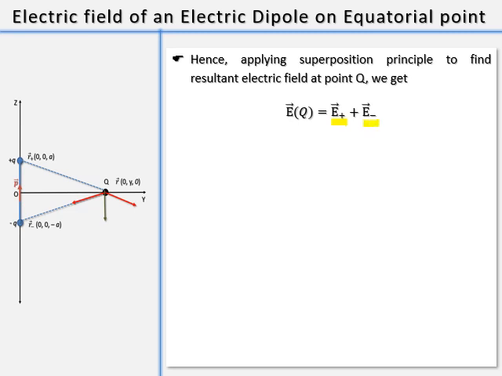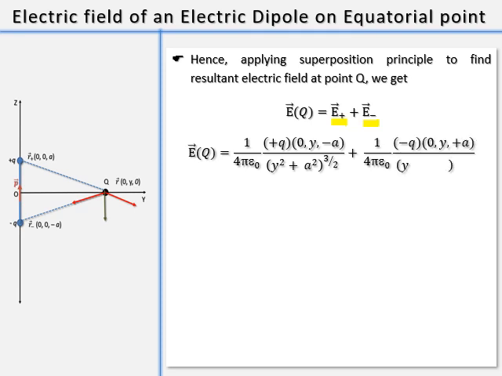And we already have the values. So substitute the values of E positive and E negative, and this is what we get. Now, though the equation doesn't look very easy to deal with, it is a bit simpler than what we think when we see it the first time.